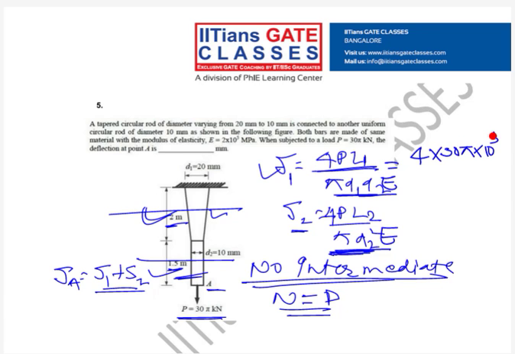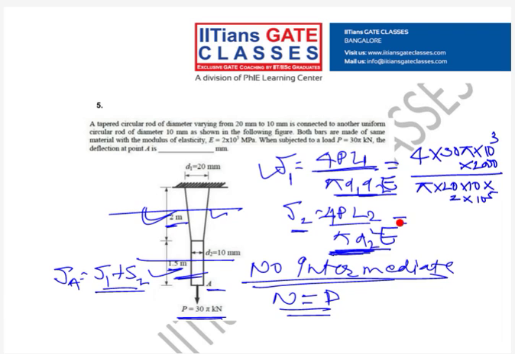Now length is 2 meter, so 2000 mm, upon pi into 20 into 10 into 2 into 10 to the power 5.